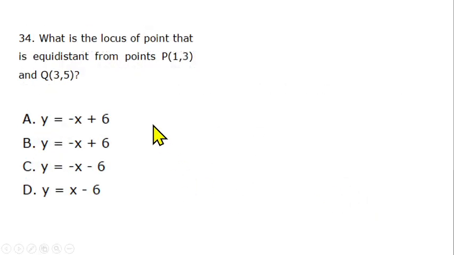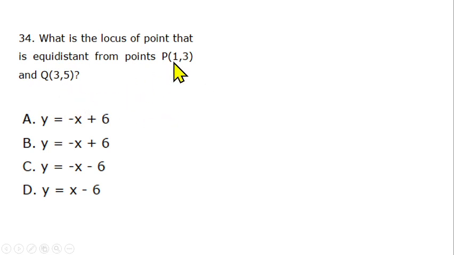Question number 34 is from coordinate geometry. What is the locus of a point that is equidistant from a point P 1, 3 and a point Q 3, 5?